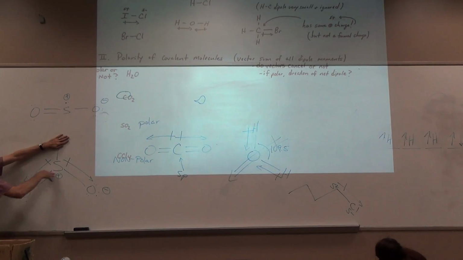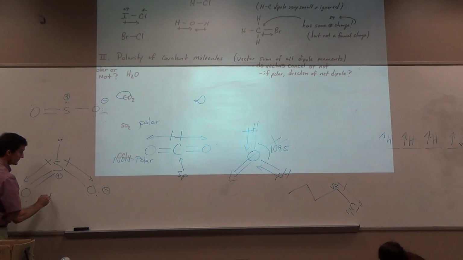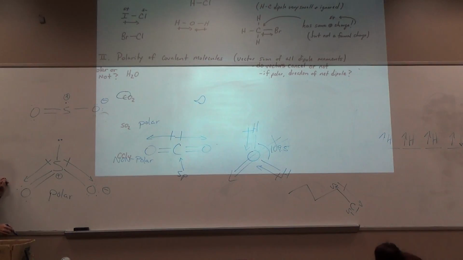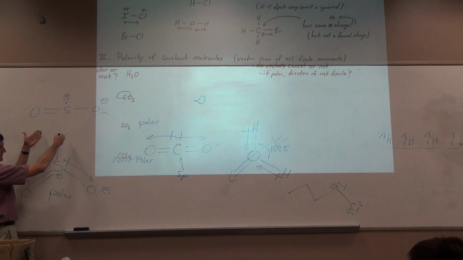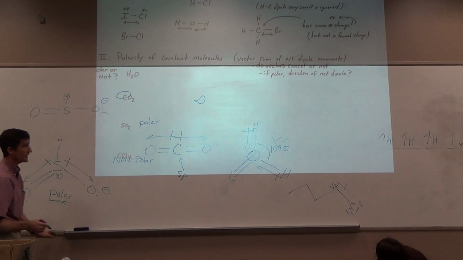If a lone pair wasn't there, that would be linear, like CO2. It does not cancel out, so this is polar. If we do a net dipole, it would sort of be straight down. It's kind of counterintuitive because we've got a lone pair right there. It's not going to go there, but hopefully everybody sees it's definitely a polar molecule. So they do not cancel.